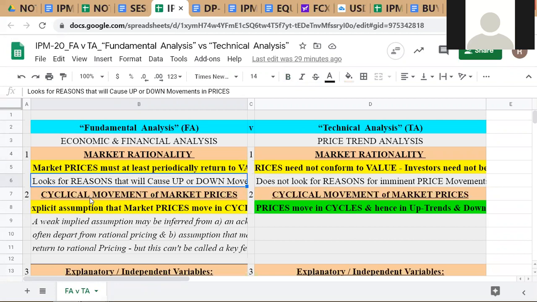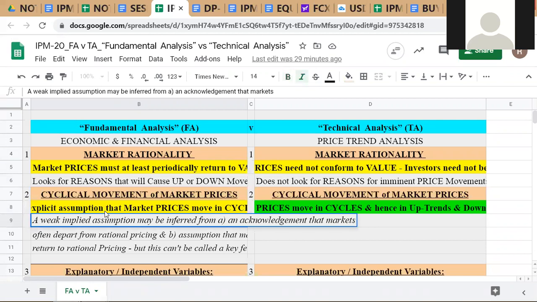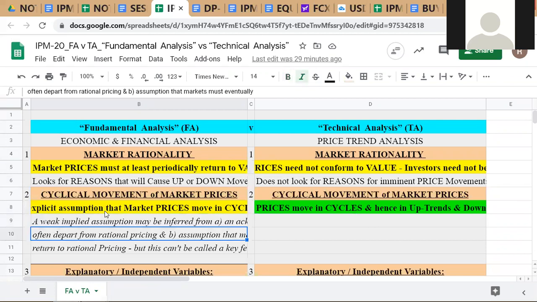On cyclicality, the FA people don't have any explicit assumption about market prices. What I have written is that a weak implied assumption may be inferred from an acknowledgement that markets often depart from rational pricing, and that markets eventually return to rational pricing.